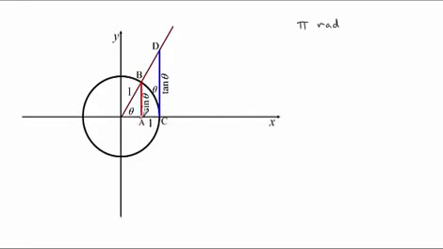I've made this sketch to convince you about that limit. Let's start as follows. I've labeled this angle theta, and the segment from the horizontal to the circumference I've labeled sine theta.